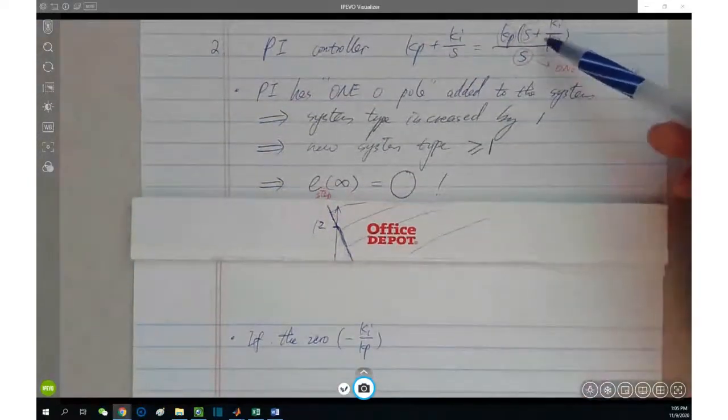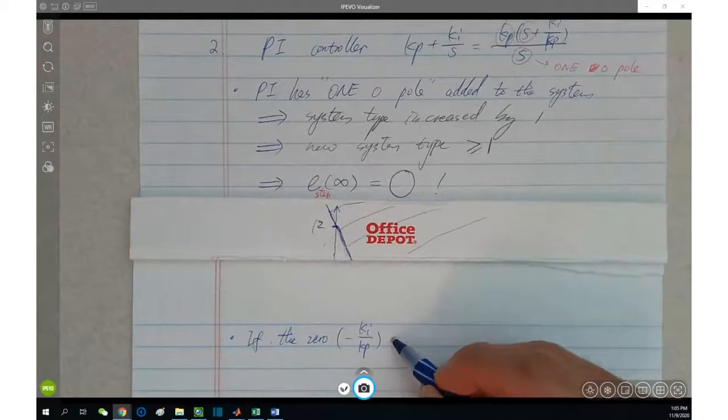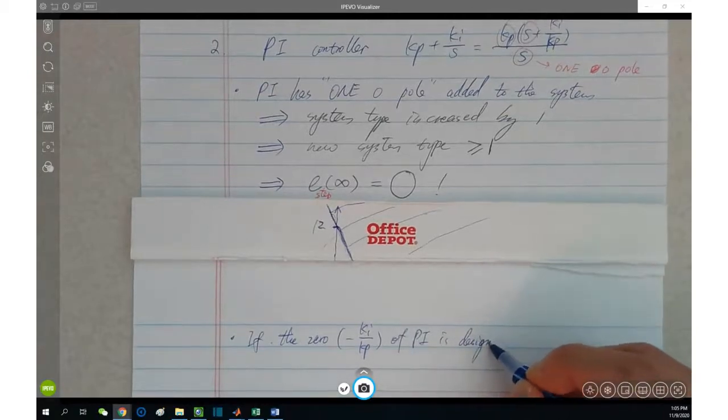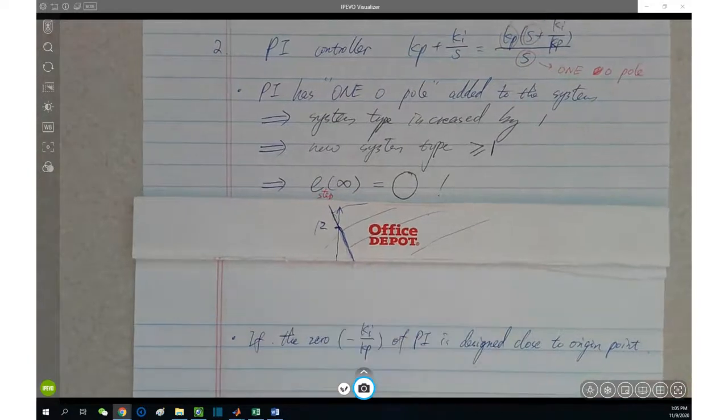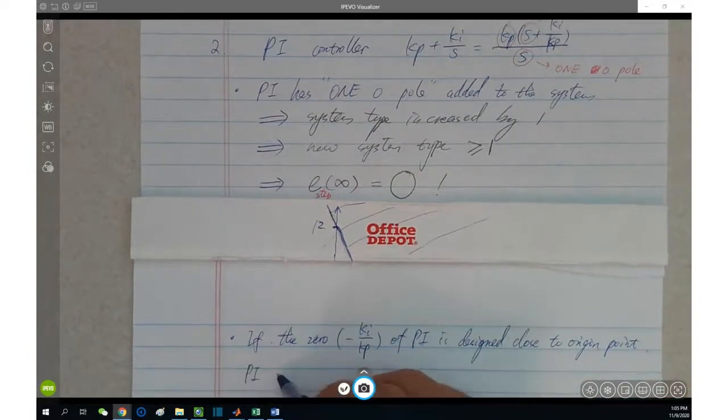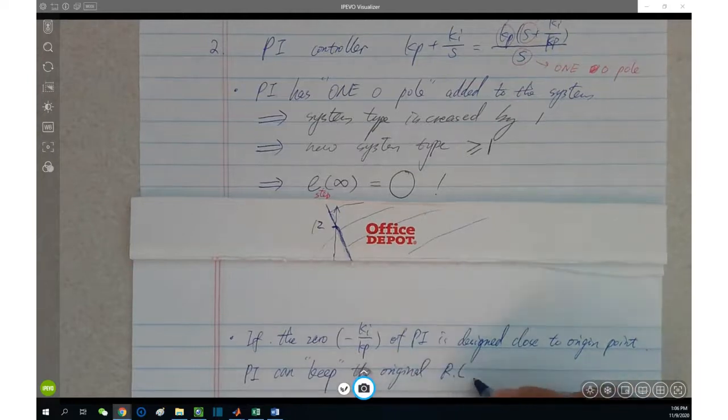If the zero of the PI controller is designed close to the origin point, the PI controller can keep the original locus without big change.